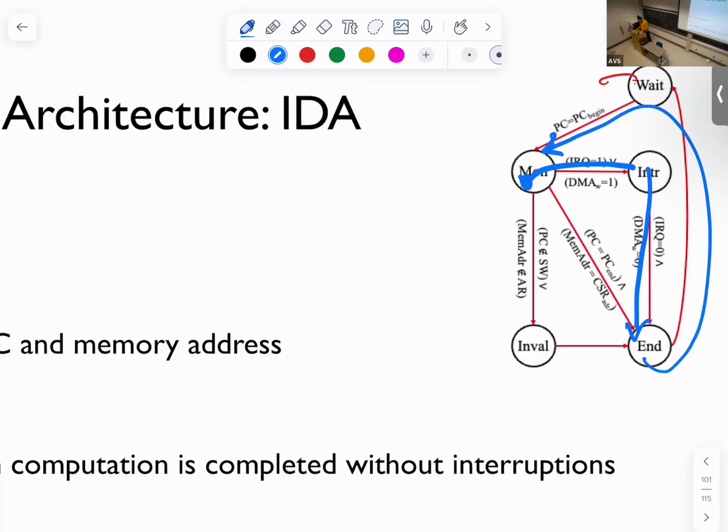If something happens during the process, so for example, if an attack happens and the PC is no longer the valid PC, then we go to what we call an invalid state, which essentially says that this hash function is invalid, so we don't really trust it anymore. Otherwise, if everything goes well, which means that we follow the attestation process correctly, we naturally go from the monitoring state to the end state.